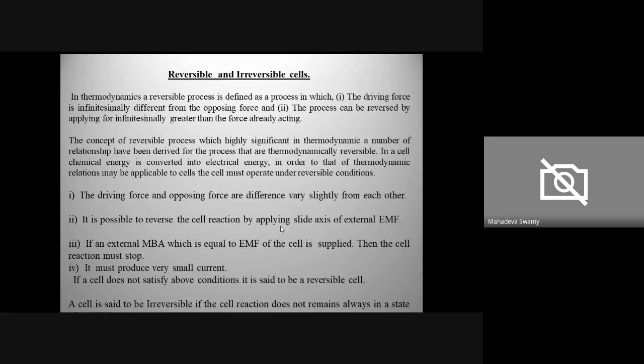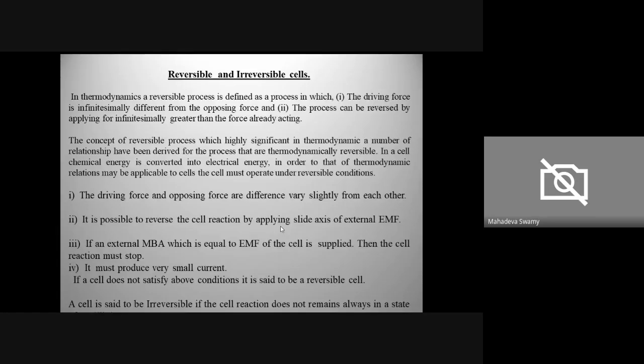Then it is reversed, when we give some excess amount of energy. For example, the Daniell cell produces 1.01 volt at 1 molar electrolyte concentration. If we give an external source greater than that 1.01 volt, the cell reverses automatically and we get the reverse reaction.